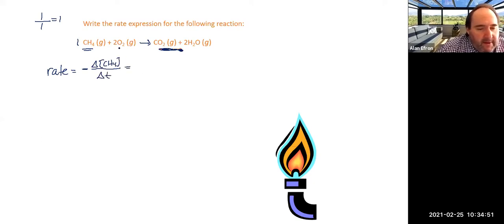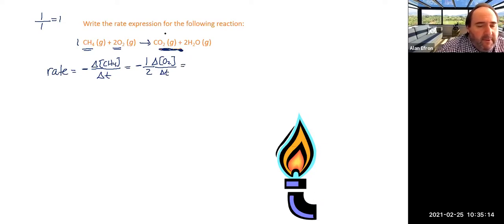That would equal our next one here, which is also a reactant, so it should be negative. The coefficient here is 2, so that would give us 1 over the coefficient. And again, that's going to take care of any type of stoichiometry part of the calculation. Change in the concentration of O2 over the change in time.